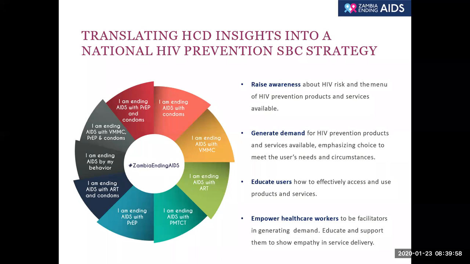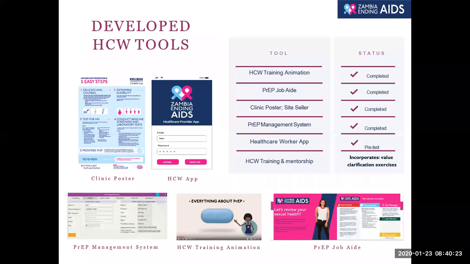Again, the HCD process highlighted that not only did people need critical information and prevention choices, but they also had a distrust of healthcare workers, even though they felt that healthcare workers could be helpful in the uptake of products and services. We consequently developed a suite of tools to support healthcare workers and clients to effectively interact with each other. Next slide, please.